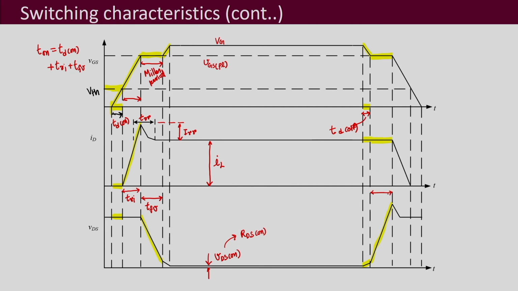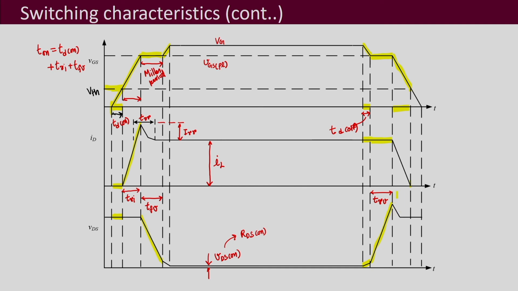This time period can be denoted as TRV, rise in the voltage. So, the Miller period gets over by this time. After that, the gate to source voltage starts to reduce and reaches the threshold voltage, and during this interval the current starts to come down and almost becomes close to the leakage current or the off state current.